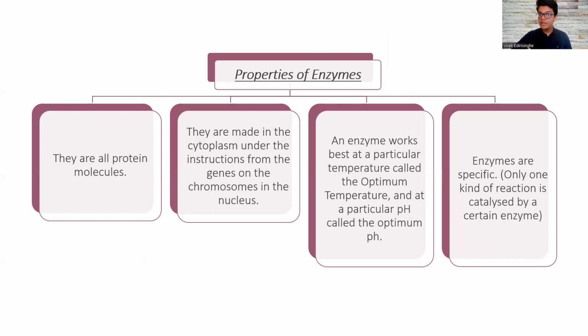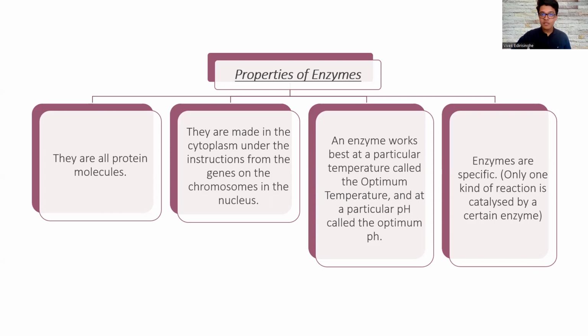Thirdly, all enzymes work best at a particular temperature and a pH value known as the optimum temperature and optimum pH respectively. Generally, the optimum temperature for most enzymes would be 37 degrees Celsius, which is the normal body temperature, and the optimum pH would be 7 or neutral conditions. Finally, remember that enzymes are specific, meaning that each enzyme can catalyze only one kind of reaction.